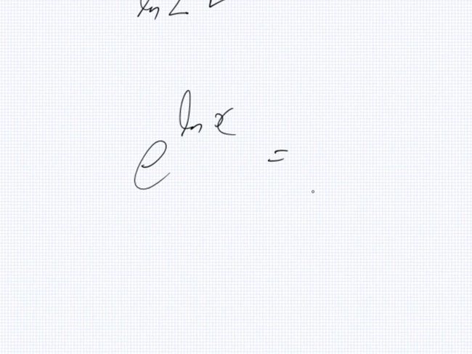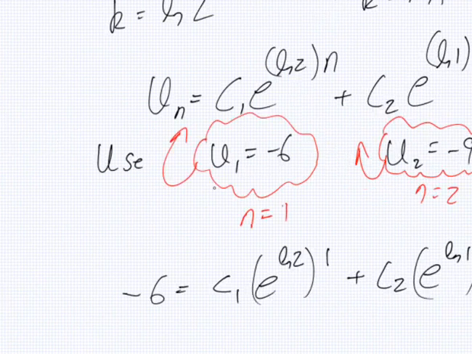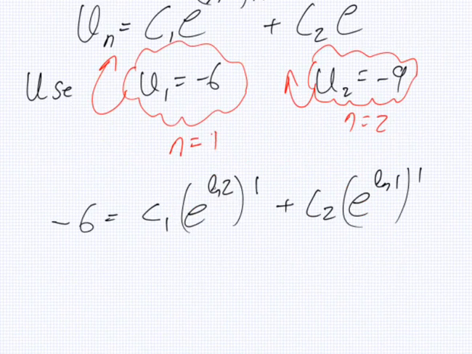However, this might seem a bit odd, but this one here is actually good. Who can see why this is okay? This one here you can't do, this one here you can't do, but this one here is actually okay because when you use the rule, you end up with log 2.